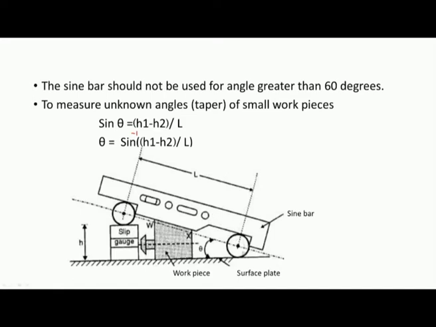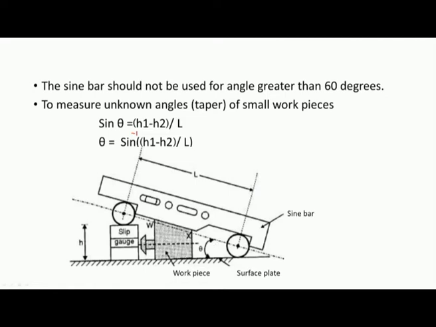Now, you can see here one roller is in contact with the surface plate, and the gap between the roller and the surface plate is filled with slip gauge, which indicates a height of h, and the distance between the centers of rollers is L. This is the length of the sine bar.